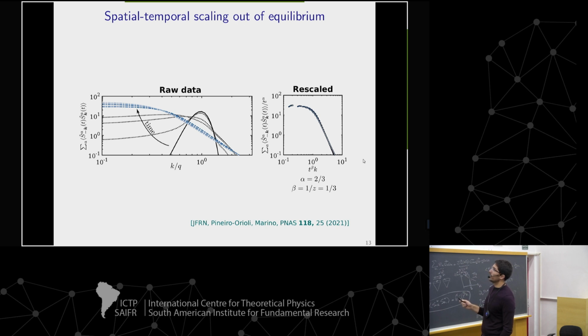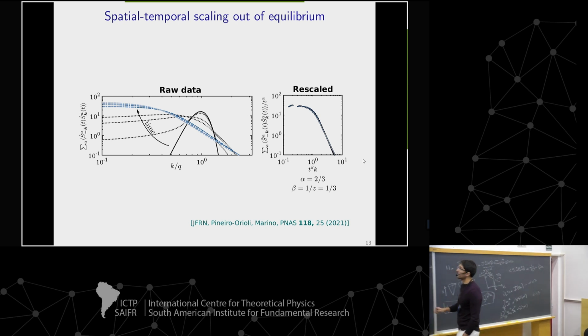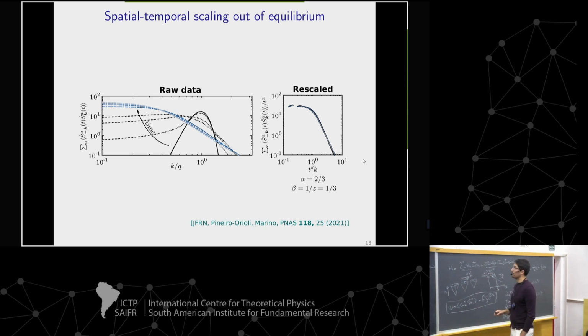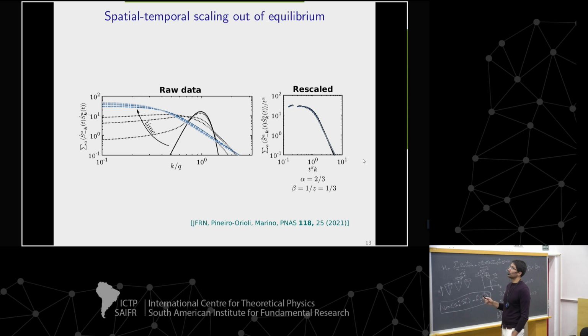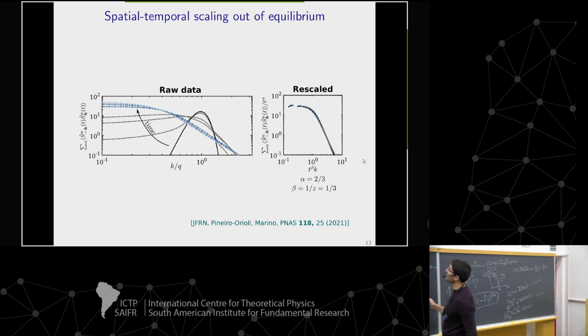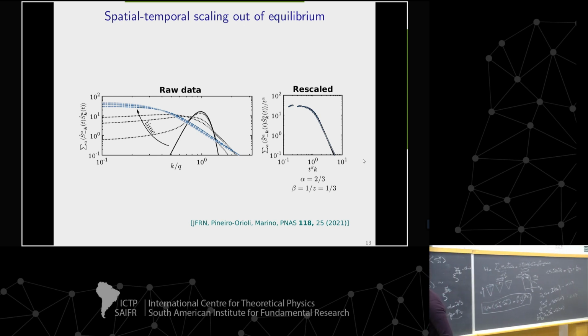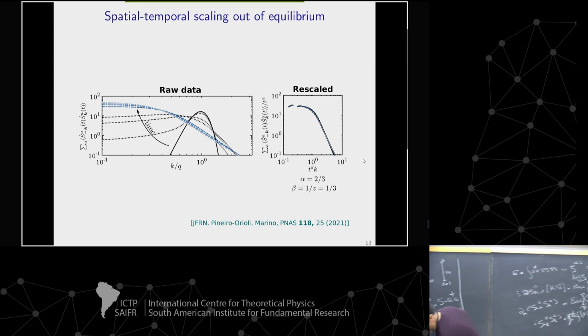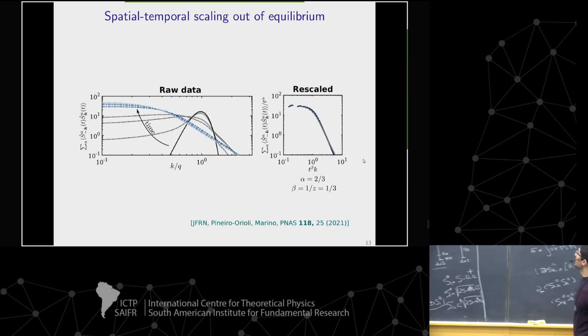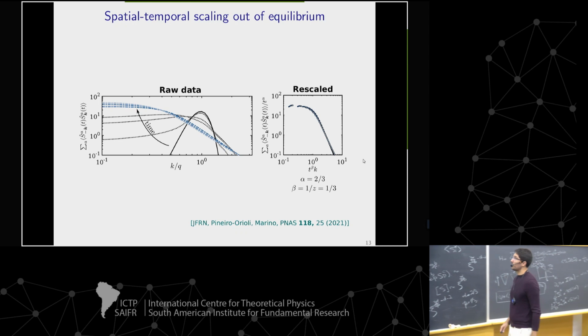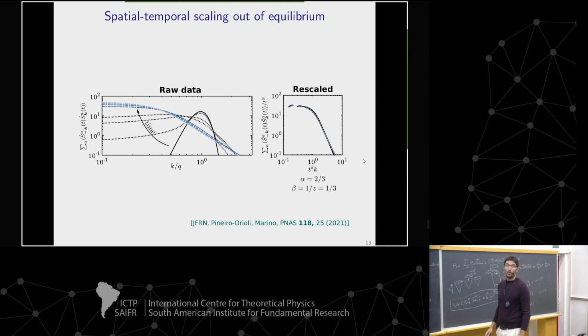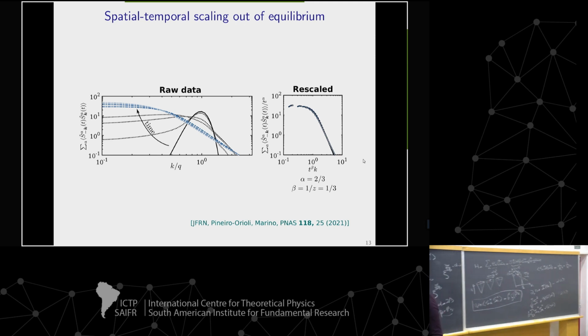But if I rescale the spin-spin correlation functions and momenta with the parameters alpha and beta that I found analytically, you will see that there's a perfect scaling of the spin-spin correlation function. And again, this is something that only survives in some prethermal regime. Any questions?